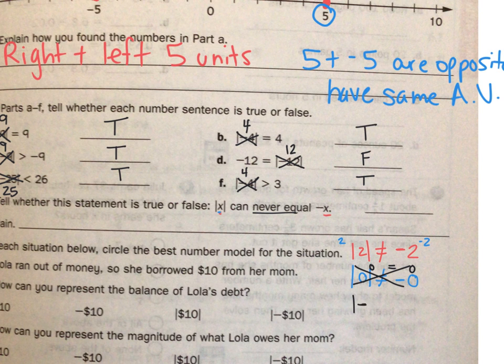The absolute value of -4, we'll put that in there for x, can never equal the opposite of x. Well, x is -4. The opposite of -4 becomes +4. And the absolute value of -4 is also +4. Hang on a second here. We said this could never be equal to the right side, but it is, so that's not correct.